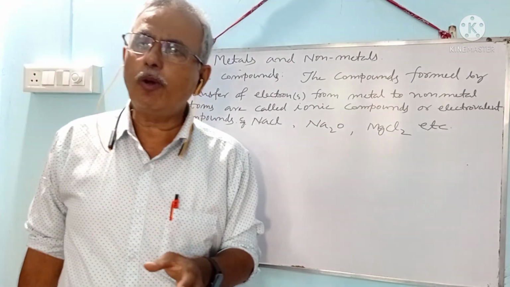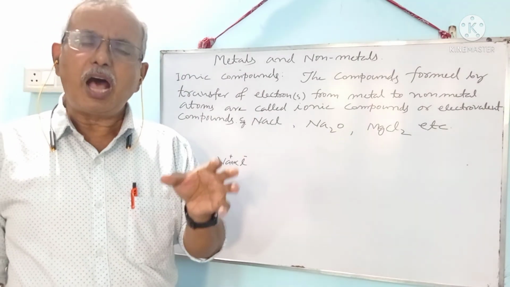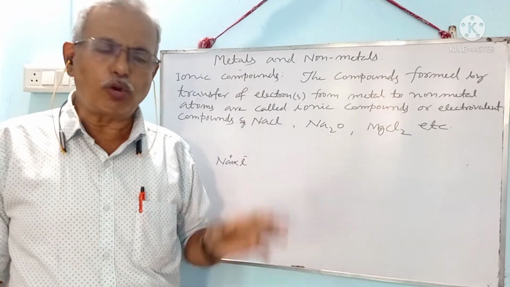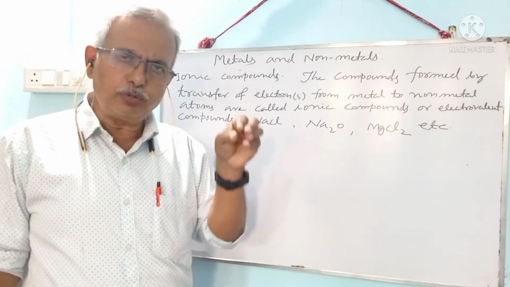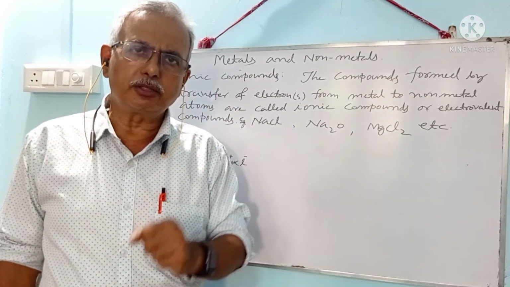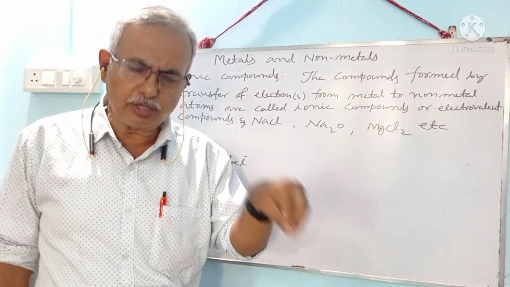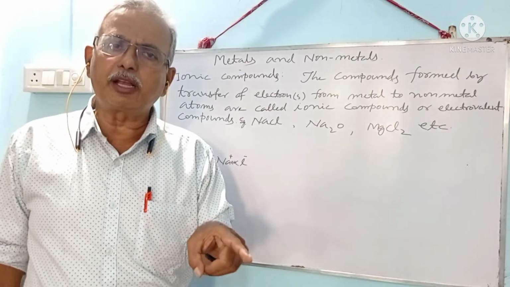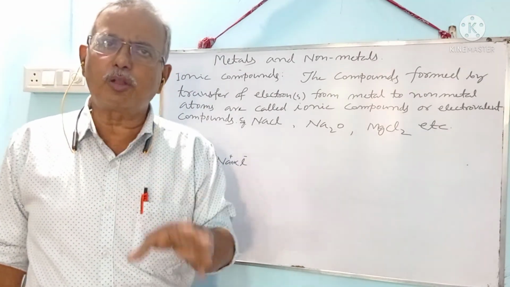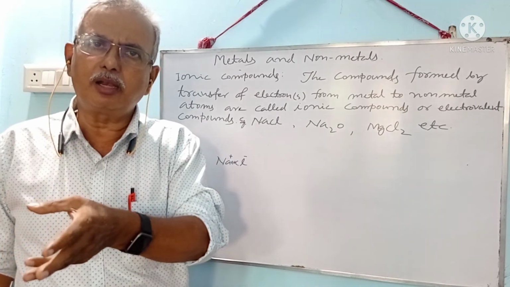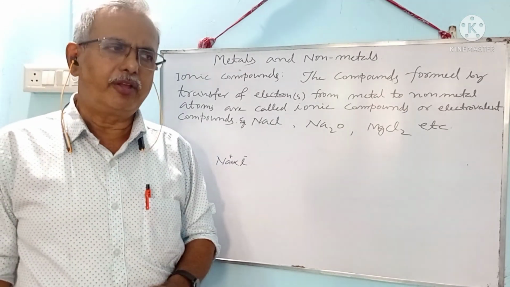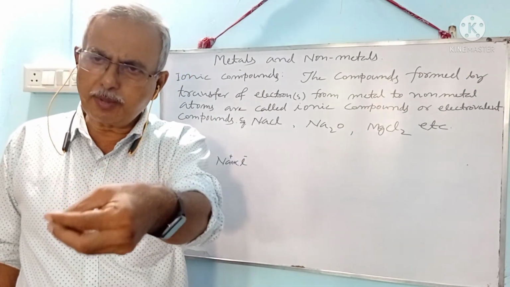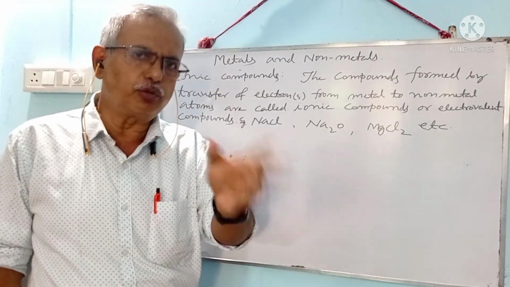After that, ionic compounds are soluble in water but insoluble in organic solvents. Soluble in water means, whenever you put common salt, that is sodium chloride, in water, it easily dissolves. But ionic compounds cannot dissolve in organic solvents like kerosene, alcohol, etc. If you put a little common salt in kerosene, it will remain as it is for a long period; it will not dissolve.